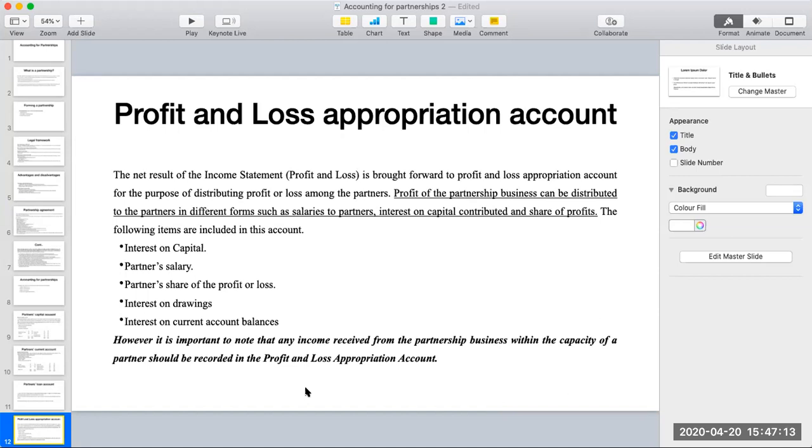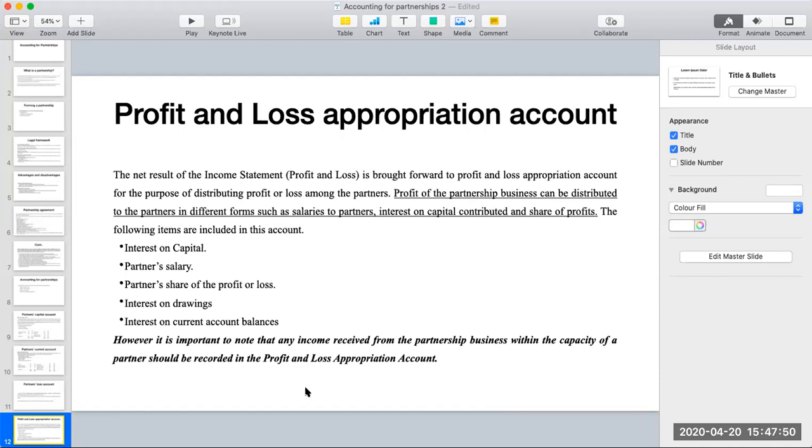It will be distributed among the partners by way of salaries to the partners, interest on capital contributed, and share of profits. At the same time, there are certain deductions from partners' income. Those are the interest on drawings. So likewise, the account which is prepared to record these transactions is called profit and loss appropriation account.